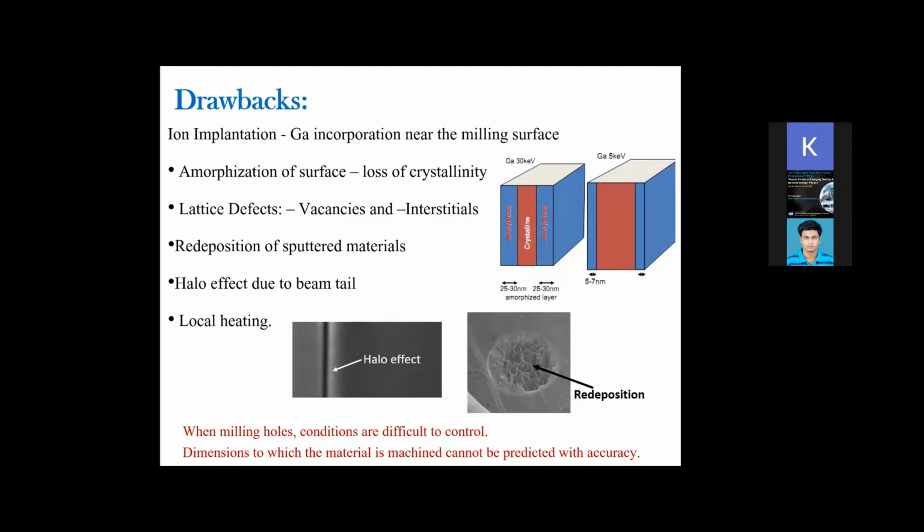If you use 30 kV, approximately 30 nanometers of the sample will be consumed by amorphization. So if you want to achieve a 50 nanometer line and you start with 30 kV, whenever you are cutting from both the sides, the whole region will get amorphized.